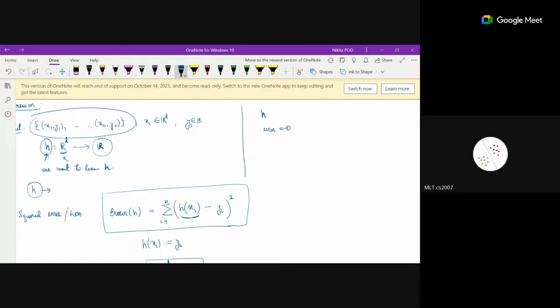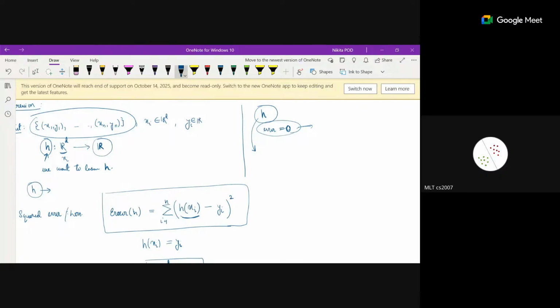So the error is coming out to be 0, and in many cases it's quite possible that you are able to make the training error 0, but the same model, the same H, doesn't work the same way on the test data. If you are getting the error to be 0 on the training data, you would expect that for the same model H, when given some new data, that is test data, it should perform equally well, right?